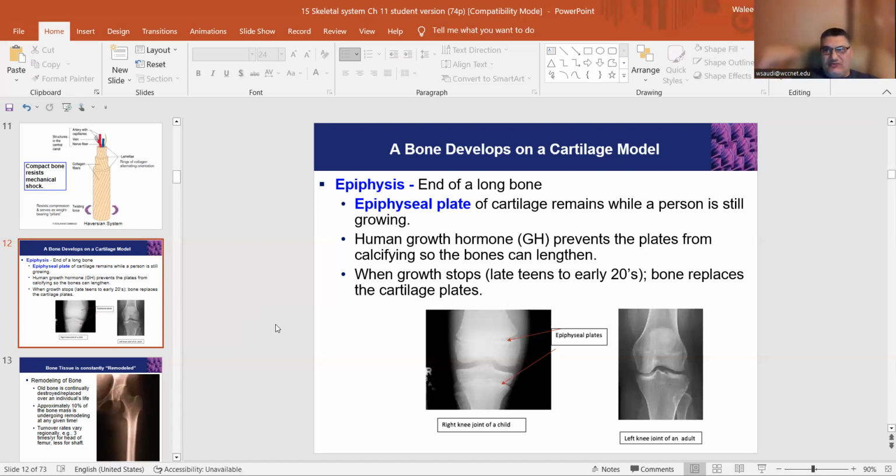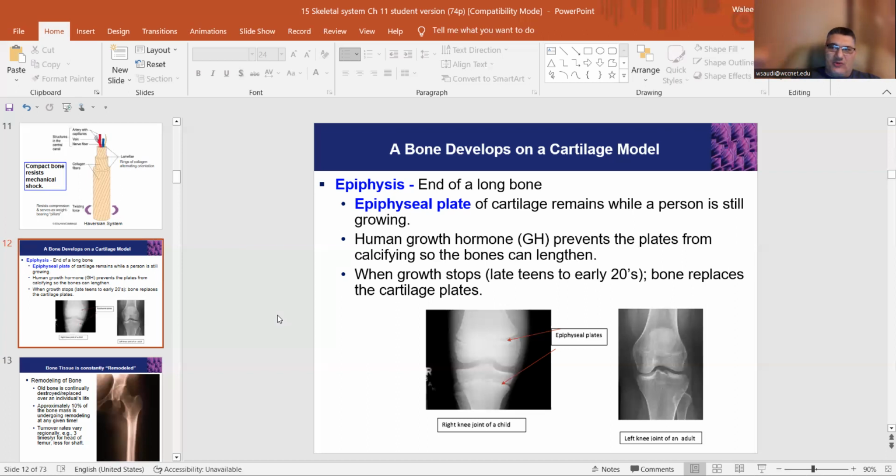At a certain time, it's different from person to person, let's say in the 20s, 25, 24, whatever, this plate or cartilage, which is in all the epiphysis, and remember, epiphysis is the end of the long bones, will be closed and it will become bone. So that's it. You reach your maximum height and your bones are not going to grow anymore.